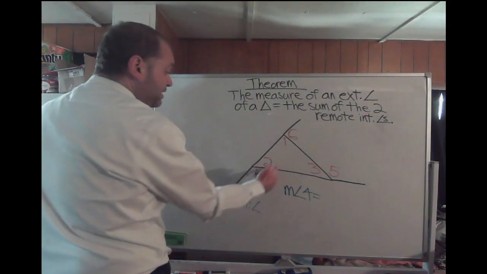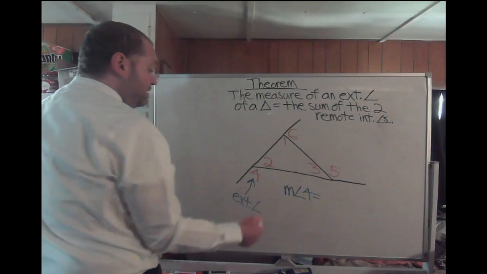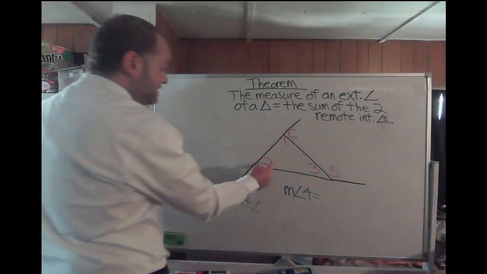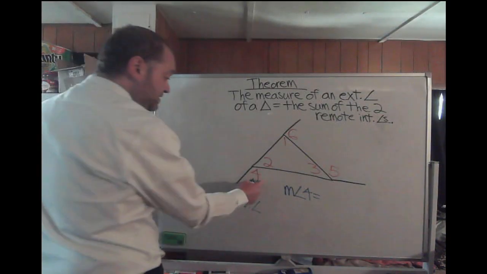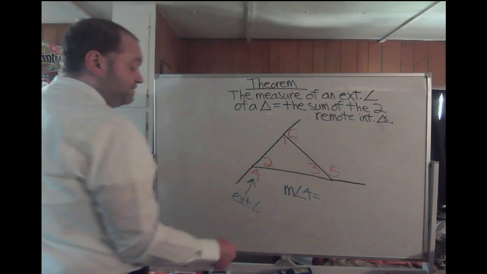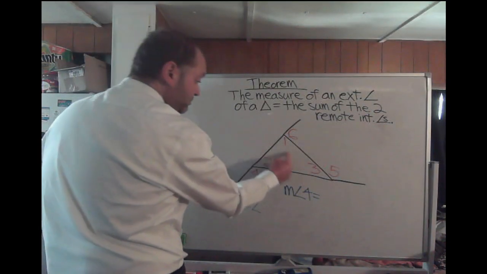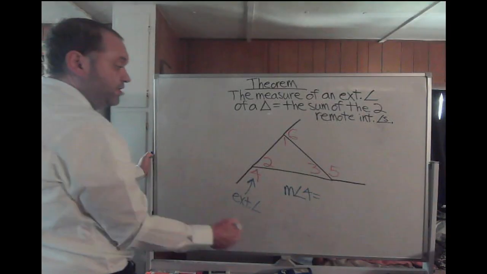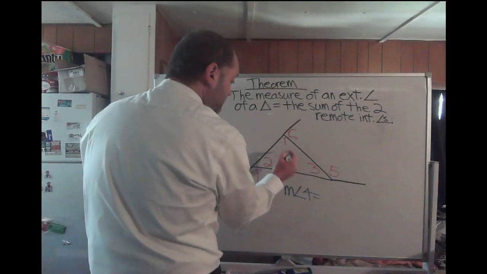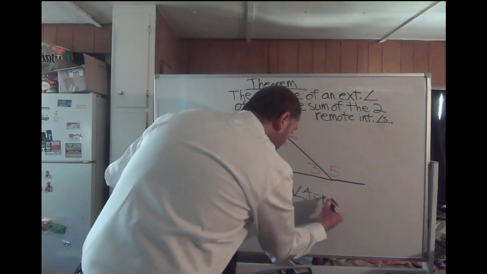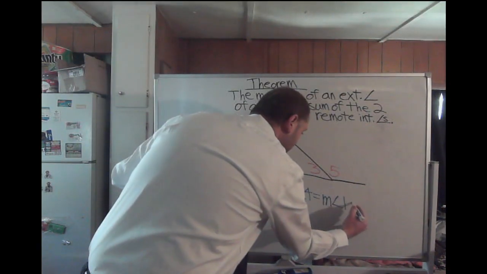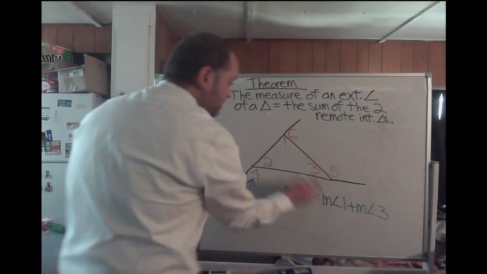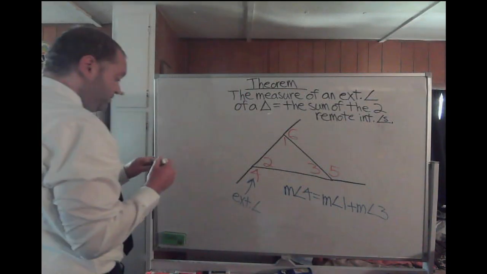Granted, it would be supplementary to angle 4, but we can't consider the measurement of angle 2 in this because we need the sum of the measures of the two remote interior angles, which are the two angles away from the exterior angle you're trying to find. So angles 1 and 3 would be your two remote interior angles. So the measure of angle 4 would be equal to the measure of angle 1 plus the measure of angle 3.